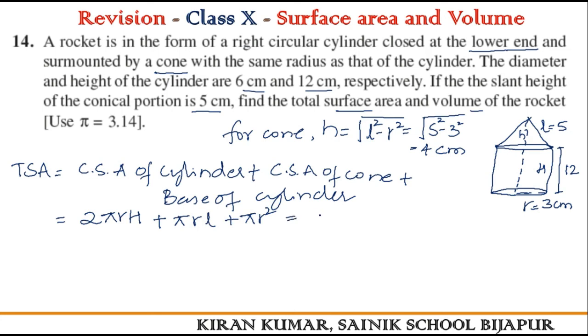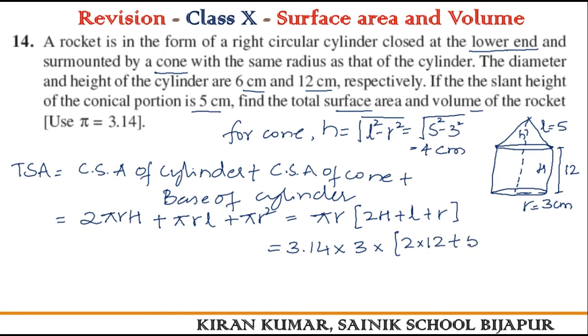Here pi r is being common. I'll write 2 times h plus L plus r. Directly substitute 3.14 multiplied to the radius is 3 times of 2 into 12 is the height of the cylinder plus the slant height is 5 plus the radius is 3.